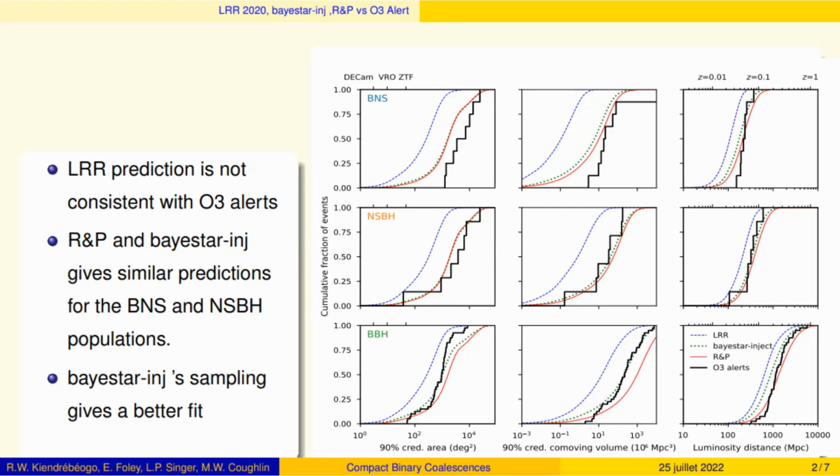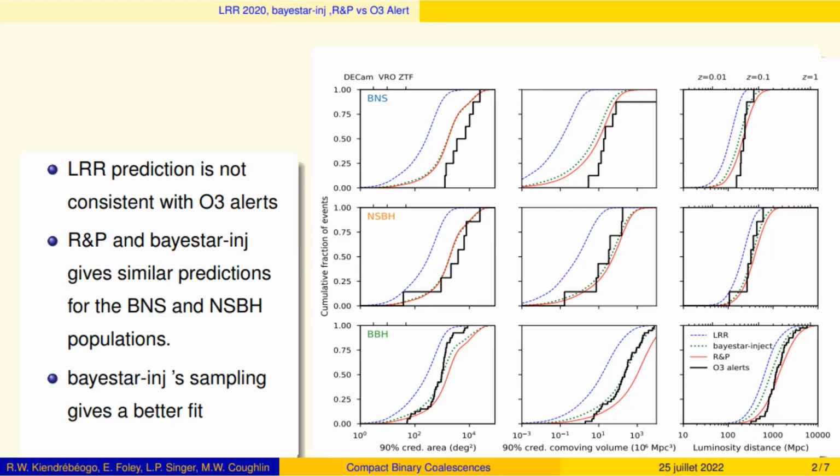And Bayestar-inject is the new method, which is shown in green. And it's a fast sky localization algorithm for modeled events. It reads the matched filter time series from search pipelines and calculates the posterior probability distribution over the sky location and distance of the source by using proper signal to noise thresholds for the given gravitational wave detector network.